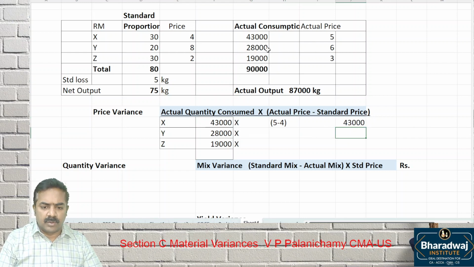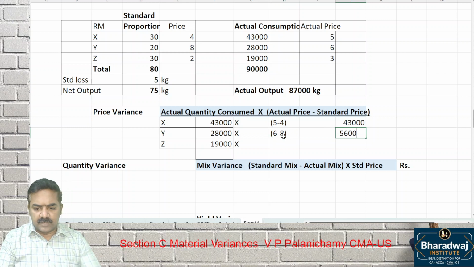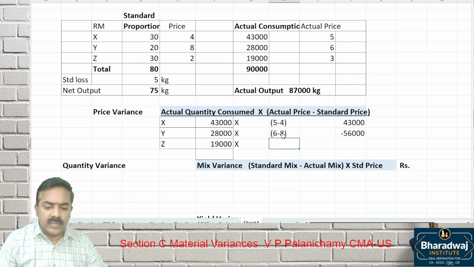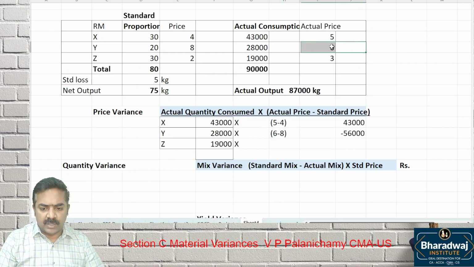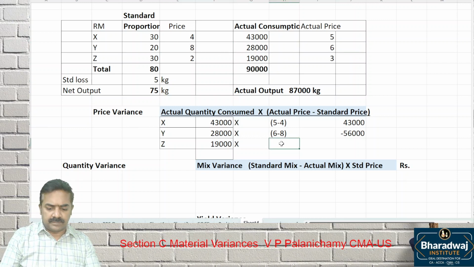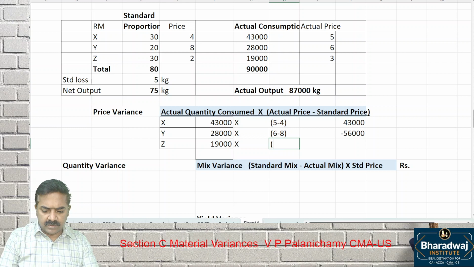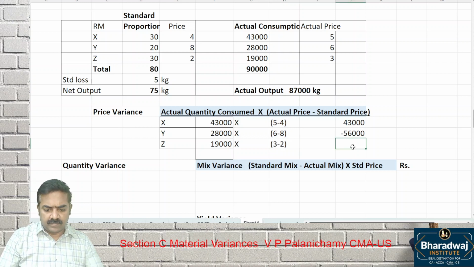This is 6 minus 8, giving 56,000. This is favorable. When the cost is negative, we spend less. Actual cost is 6, standard cost is 8. This one is 3 minus 2. We spent more, 19,000.